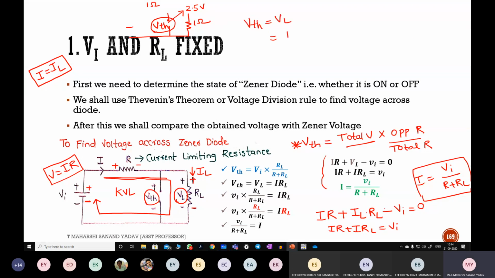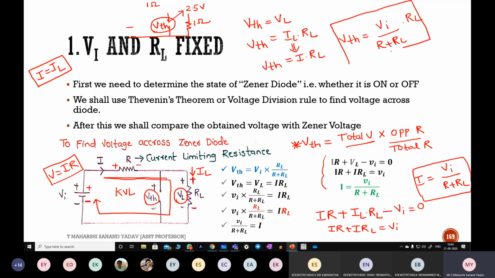So I can write VL as IL into RL, which is equivalent to VTH. And IL is equivalent to I, so this is I into RL, which is VTH. The value of I we got is VI by R plus RL, into RL. So are both the same or different?